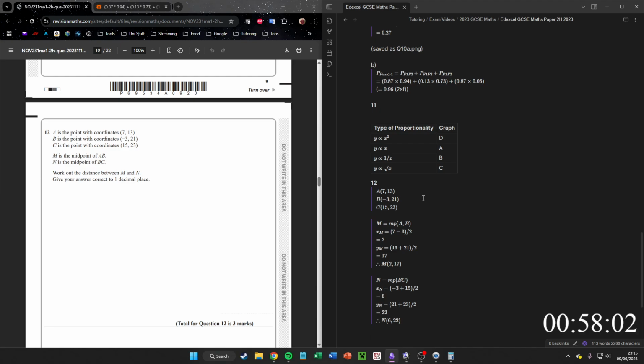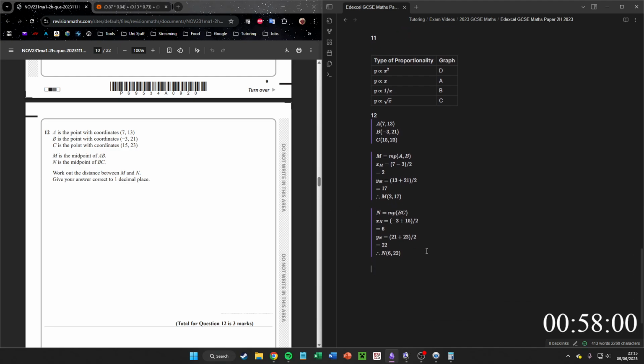And so how can we find the distance between 2 points? We can use Pythagoras. So I can say something like d of MN is equal to the square root of 6 minus 2, so I should say 2 minus 6 squared, plus 17 minus 22 squared.